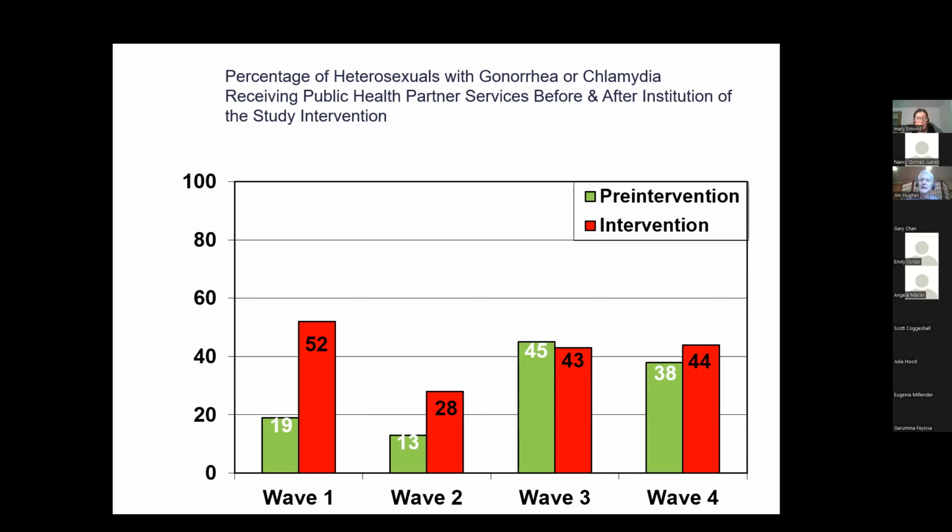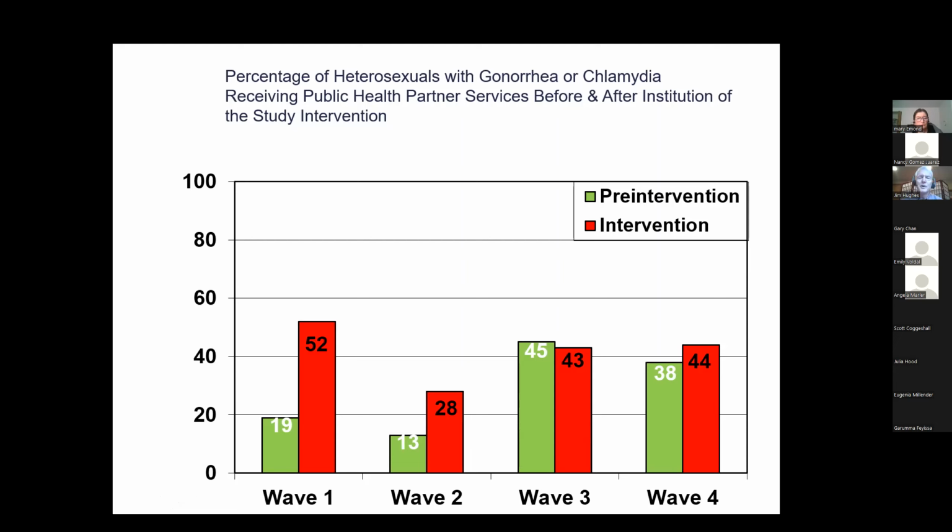So basically, the state instantaneously funded this entire portion of the program. And so we see that suddenly these numbers increase in the pre-intervention period because of that influx of state money.